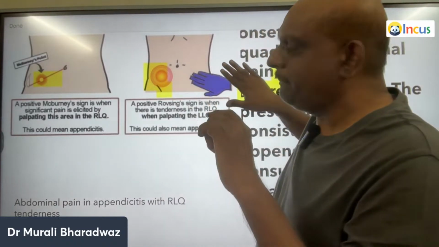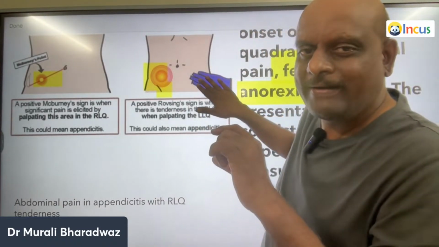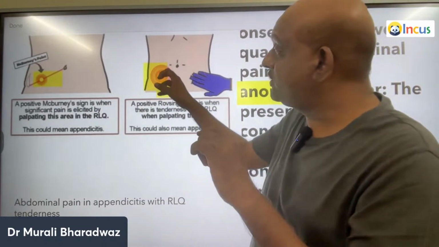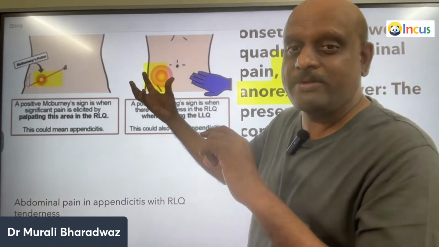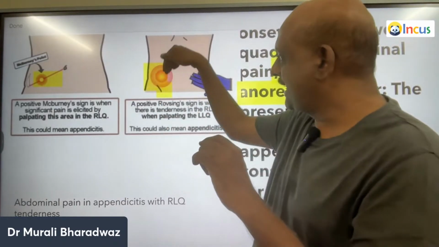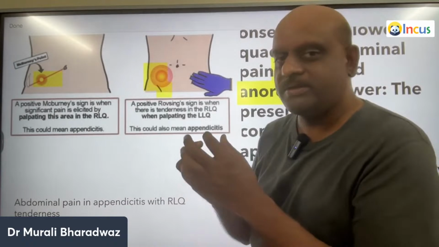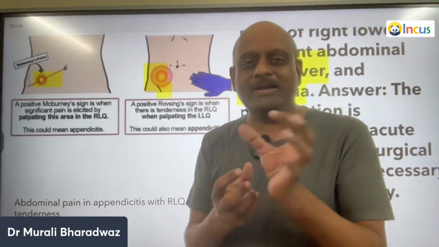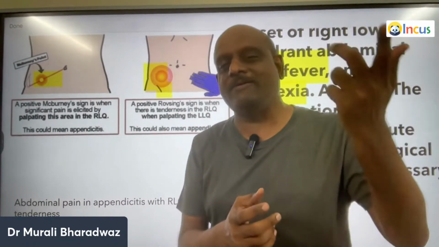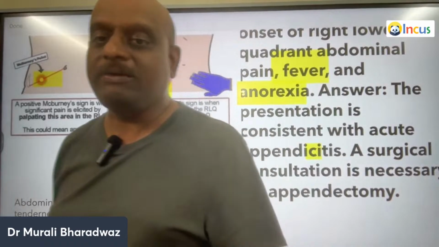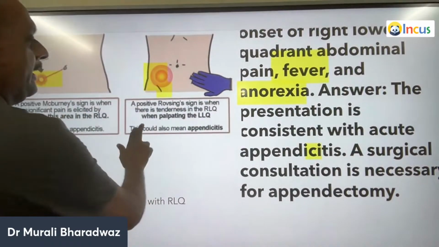So when you apply pressure in the left lower quadrant, there is a distension of this inflamed segment because the gas is being displaced back and there's a distension of the appendix which is inflamed. That leads to the development of the pain is what you have to basically remember.